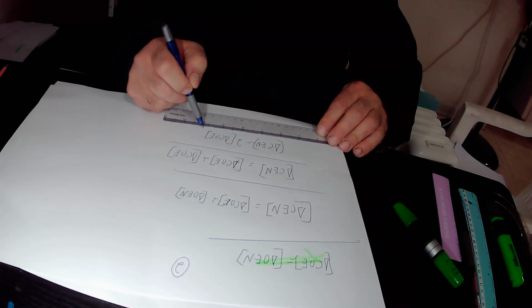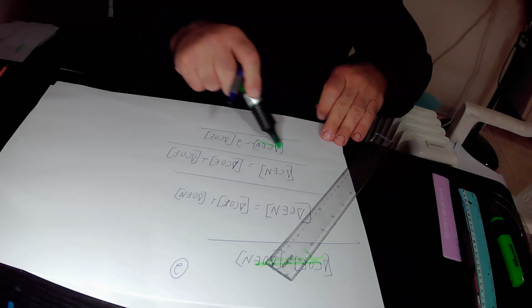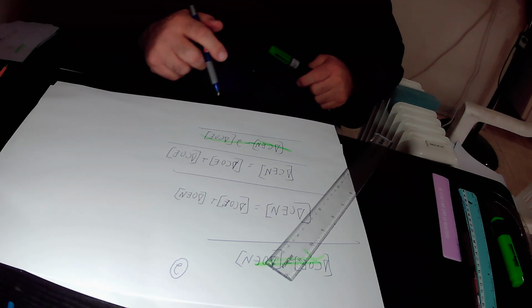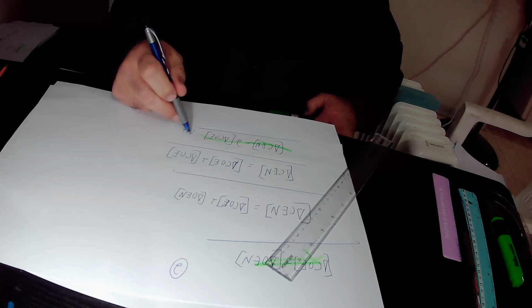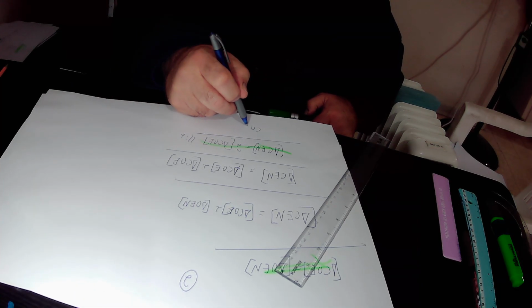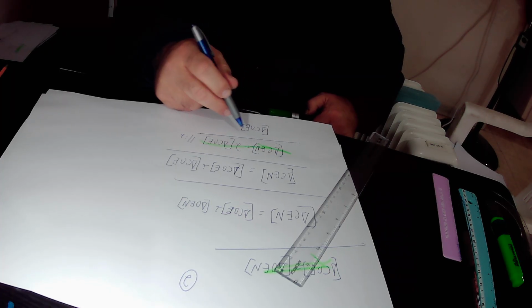Here we will divide this equation by 2. And finally we get that the area of the green triangle COE is half of the area of the big triangle CN.